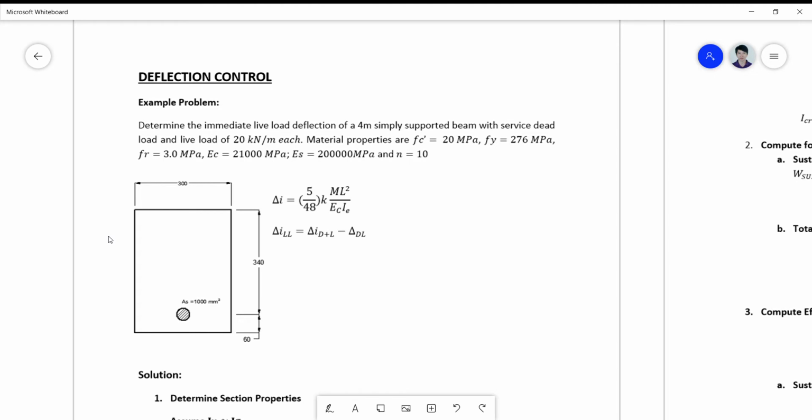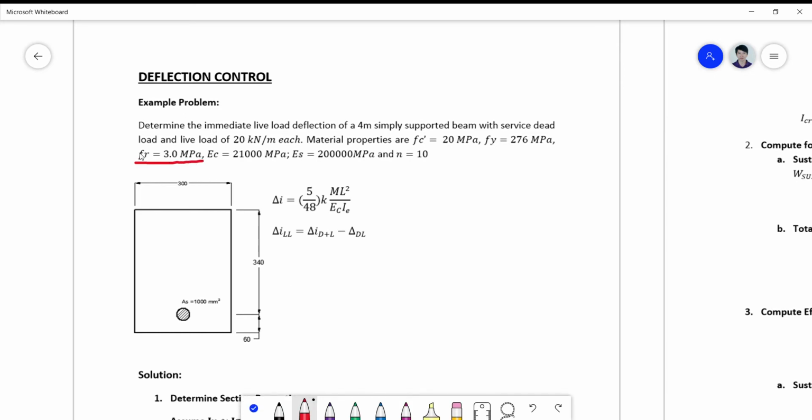So the material properties are Fc prime 20 megapascal, and Fy equals 276 megapascal. So our modulus of rupture Fr is already given, so we don't need to compute for your Fr here.